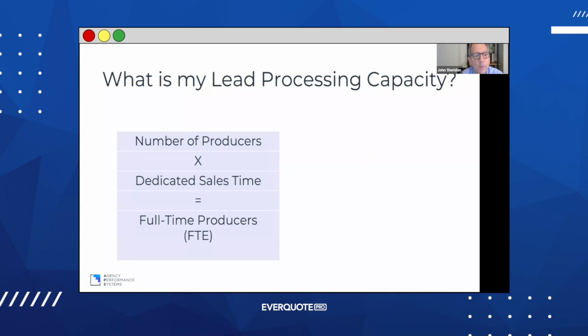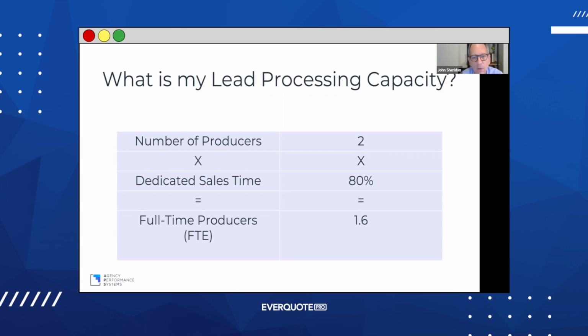So number of producers and dedicated sales time are going to produce your full-time producers equivalent. We need to understand that not every producer is a 100% dedicated selling time producer. So we have to adjust for that to get the numbers just right. So if we want to get to the outcome there, let's say we've got 2 producers.